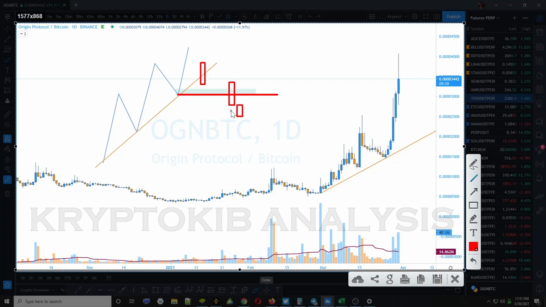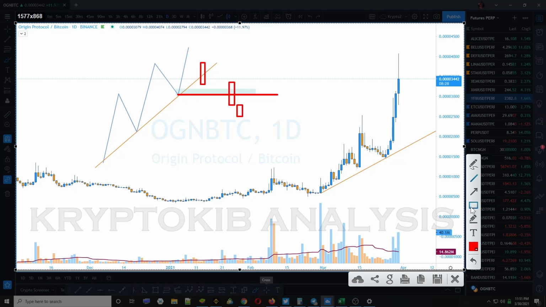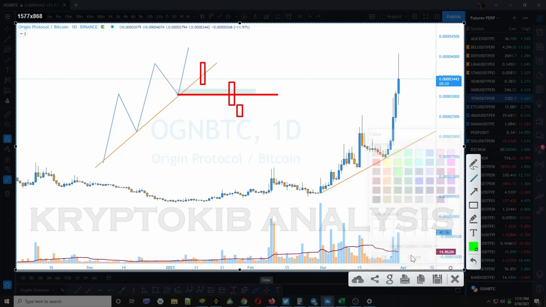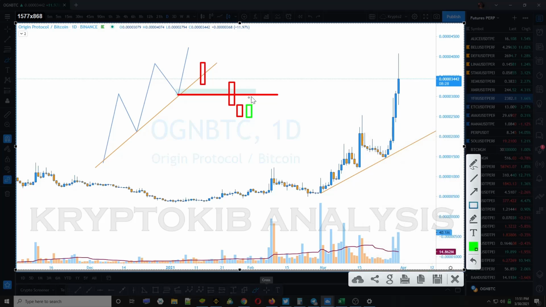So nonetheless, you want to see a move like this. This is the first one and this is the second one, and if possible you want to see two more after this. Even if the second candle in a row is a green candle, it wouldn't matter as long as there is no interaction with this particular level.